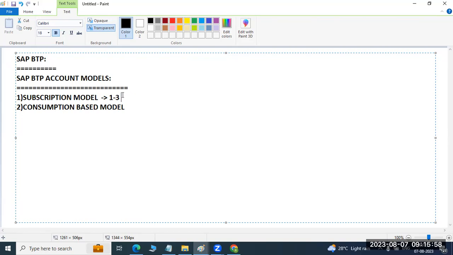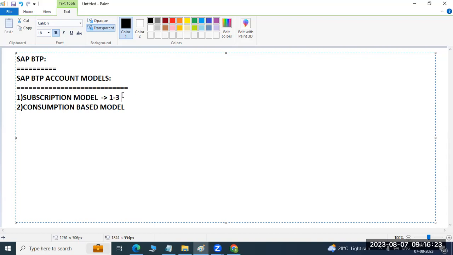If you take, say, 10 services, you may get some discount. When you go to shopping malls and other places, sometimes you get subscriptions and discounts. If you take extra, you end up paying more money.